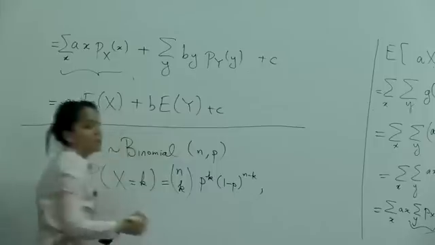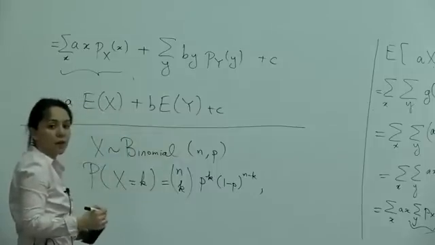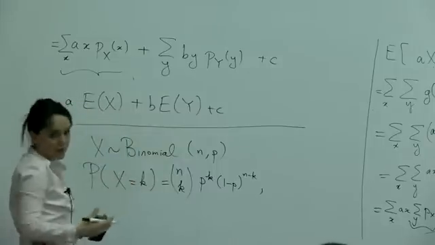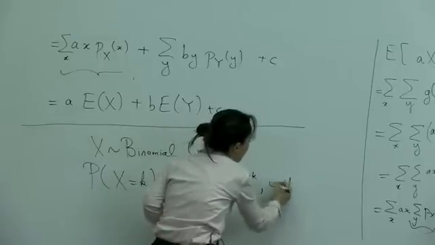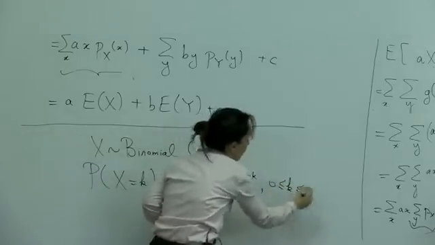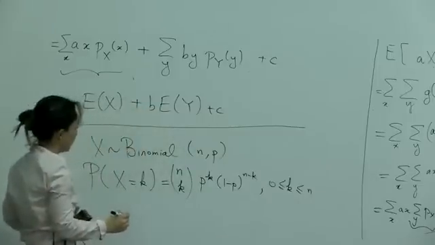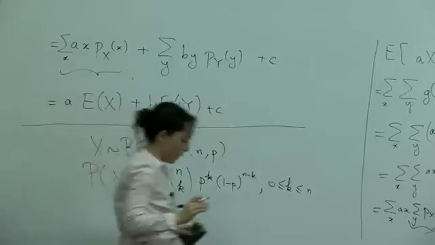Of course, no PMF is complete unless its range is specified. This is valid for k between 0 and n. Okay? We know the binomial PMF.